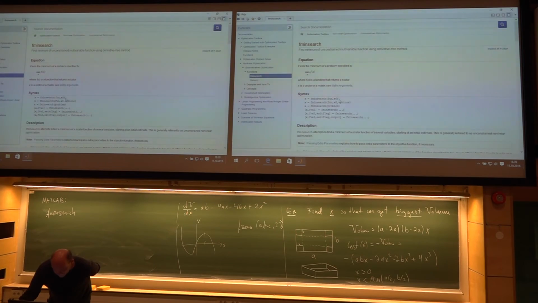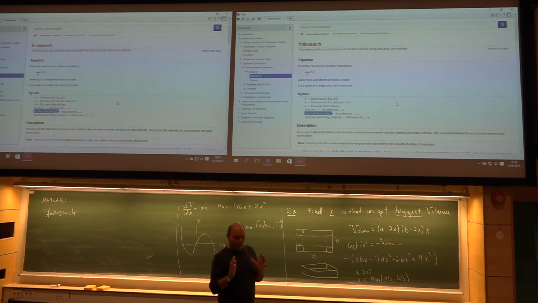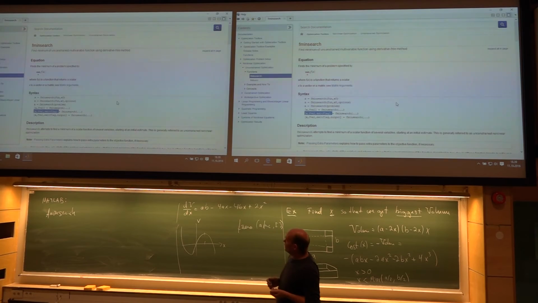And you see the syntax, fairly straightforward. I will always recommend this notation here, the syntax. Remember, you are seeking a set of solutions here, different x's, but you should also print out fval.